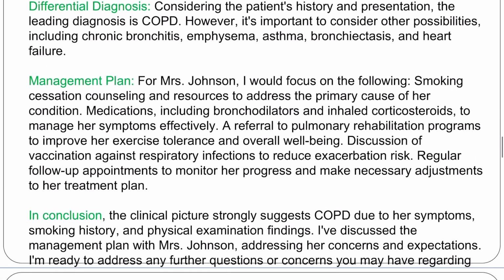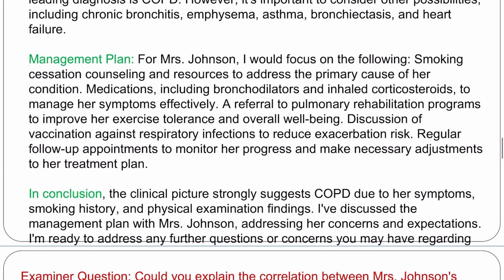Okay. So if the examiner stops you anywhere, it's okay. Maybe they want to ask you a further question. If they don't stop you, then you move on and talk about the management plan. For Mrs. Johnson, I will focus on the following: smoking cessation counseling and resources to address the primary cause of her condition. I would like to start some medications, including bronchodilators and inhaled corticosteroids, to manage her symptoms effectively.